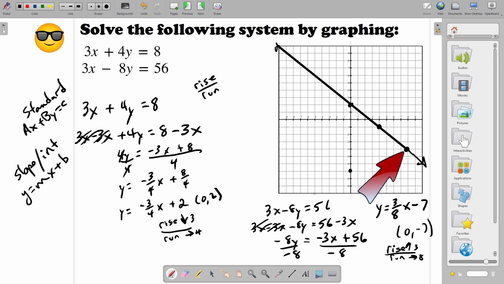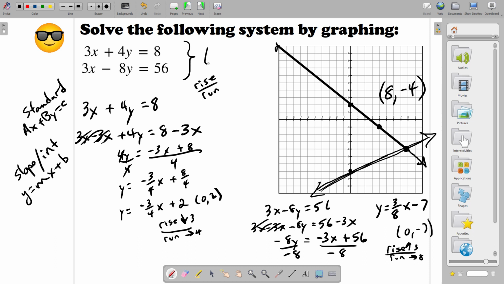So I can see right there that my line goes through those 2 points. There is the point of intersection, and that point is the point 8, -4. So the solution to this system of equations is the point 8, -4.